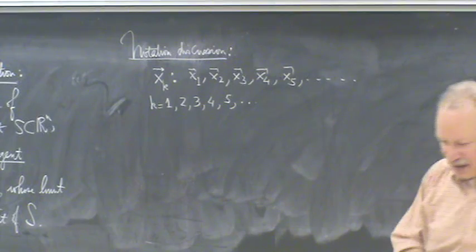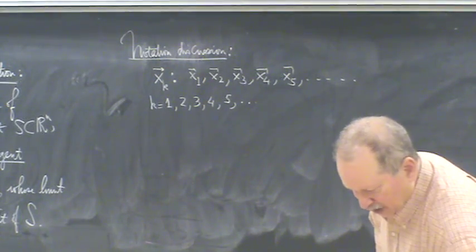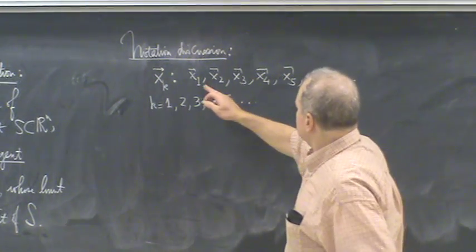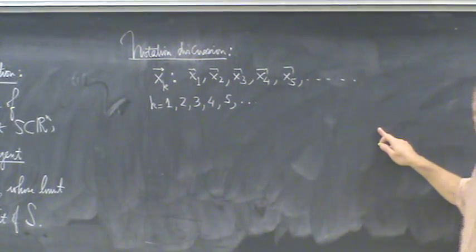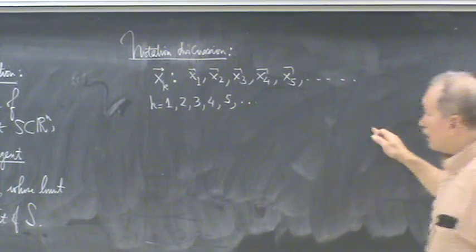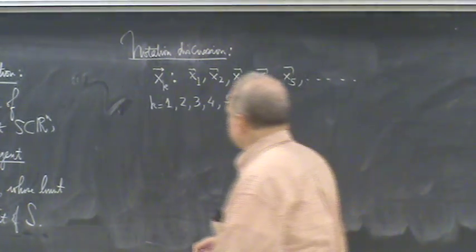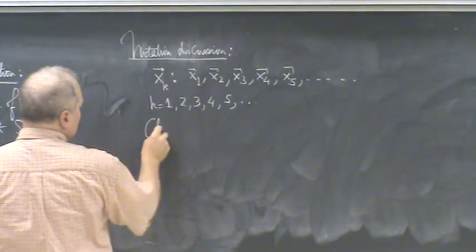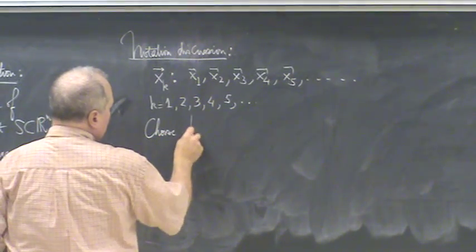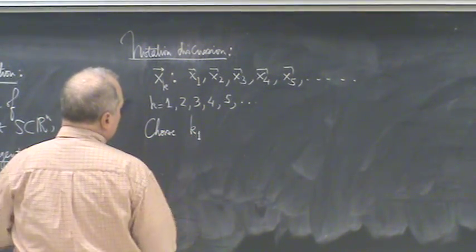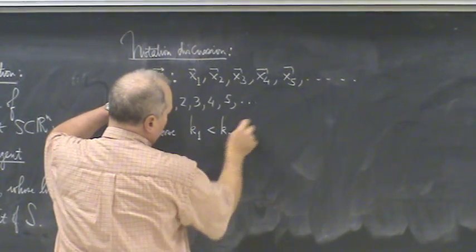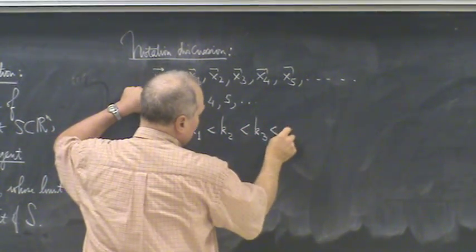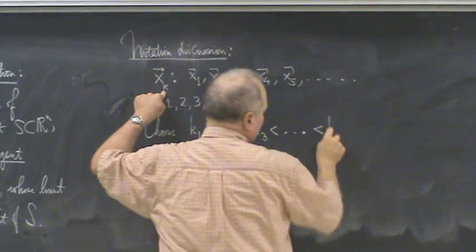Now what you're going to do when you make a subsequence is choose certain ones of these natural numbers to work with and not use the other ones. So a subsequence is given by choosing what we're going to write as the first k you want to pick, and then the second k you want to pick, and then the third k, and so forth.